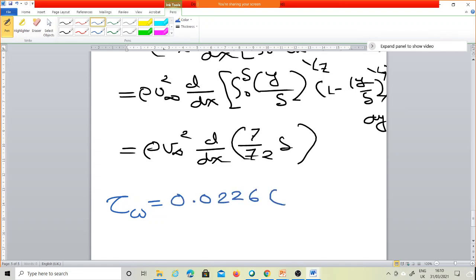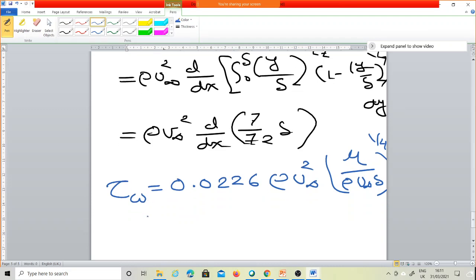0.0226 rho u square, that is u infinity square, and then you will have mu, and you have rho u infinity delta to the power 1 by 4. Again, I'm saying the same, so please highlight this equation because you must know this one. This is the boundary layer condition, or when you have the turbulent flow, you need to use this equation.